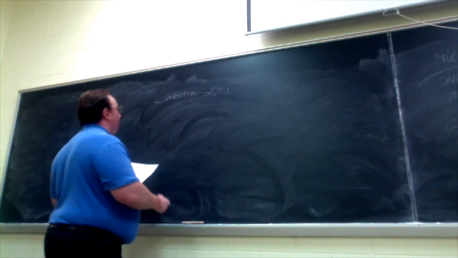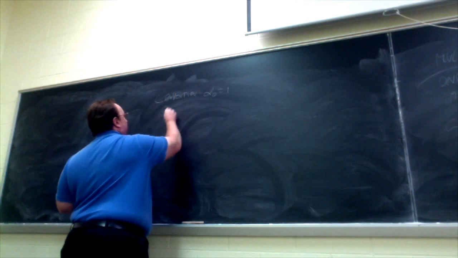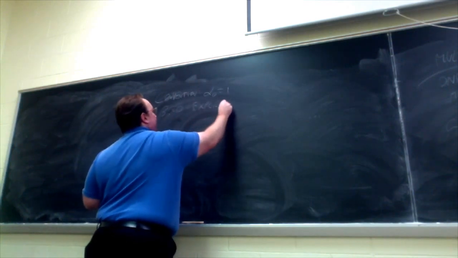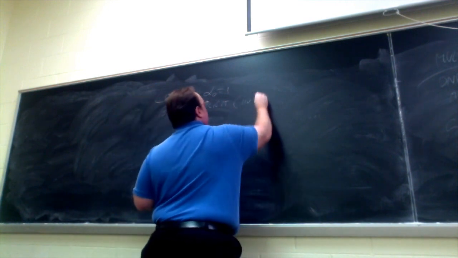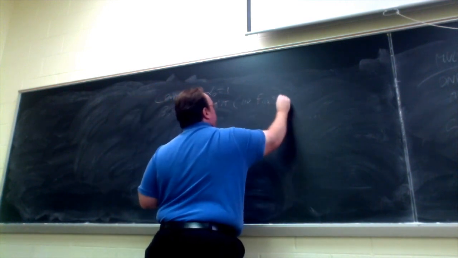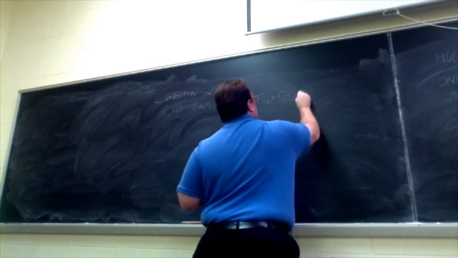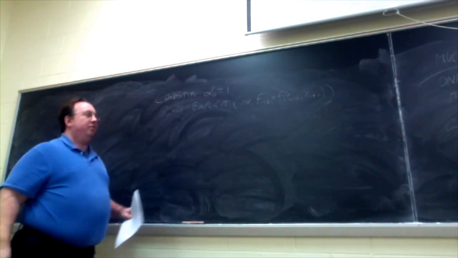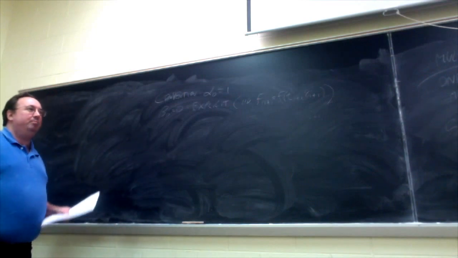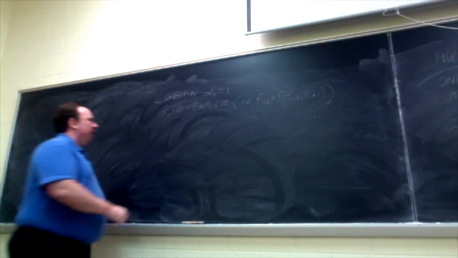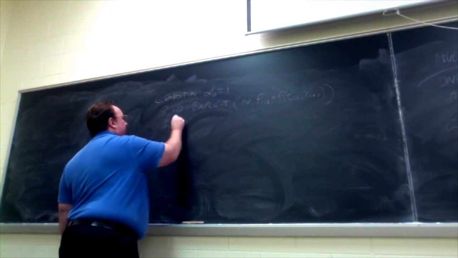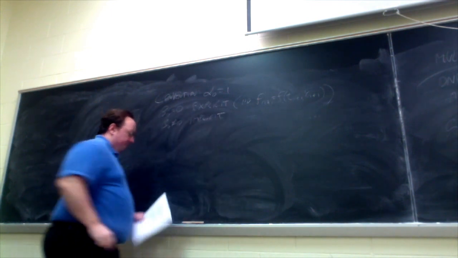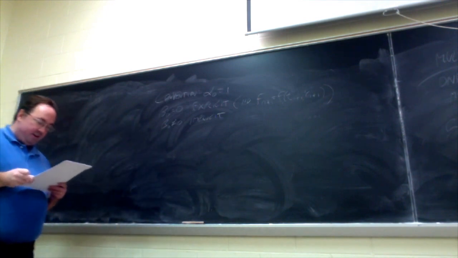If beta 0 is equal to 0, then the method is explicit because there is no f n plus 1, which would be f of t n plus 1, y n plus 1. That way you don't have y n plus 1 occurring on both sides of the equation. And if it's non-zero, we say it is implicit.